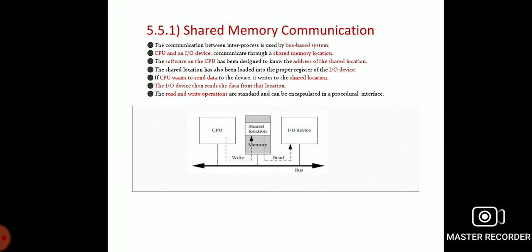We can see the block diagram of how to share the data in the memory location between the CPU and also the input output peripheral devices. It is interconnected with the buses. It is a shared memory location.